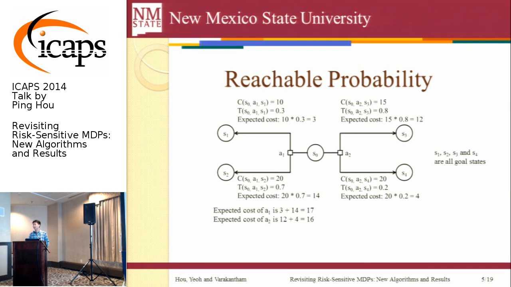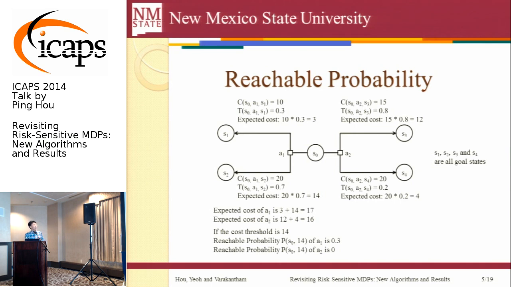But let's see if the agent has only limited resources. For example, let's say the agent has limited resource of 14. We call it the cost threshold. Then if they want to maximize the probability of accomplishing the goal, which we call the reachable probability, the situation changes.